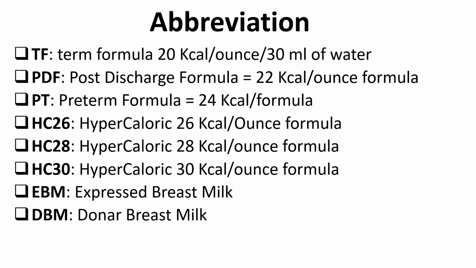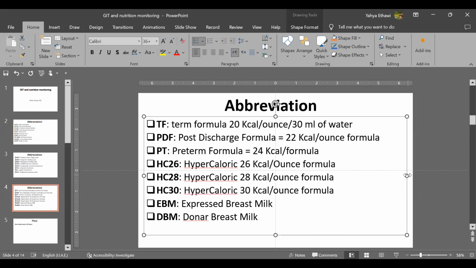Okay, the second type of formula is called PDF, post-discharge formula. It's a formula that gives us 22 kilocal per ounce, and again, per 30 ml of water, okay?